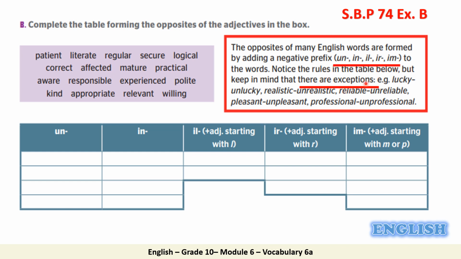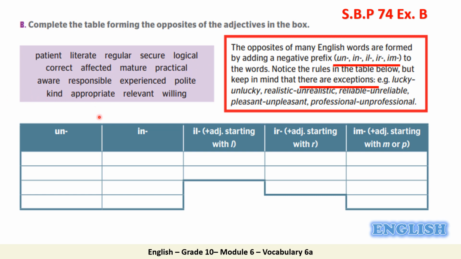Also remember the exceptions. I want you also to remember that il goes with the adjectives that start with l. Ir goes with the adjectives that start with r. Im goes with the adjectives that start with m or p.